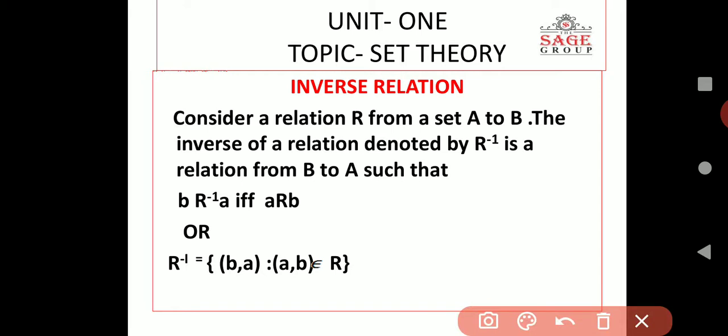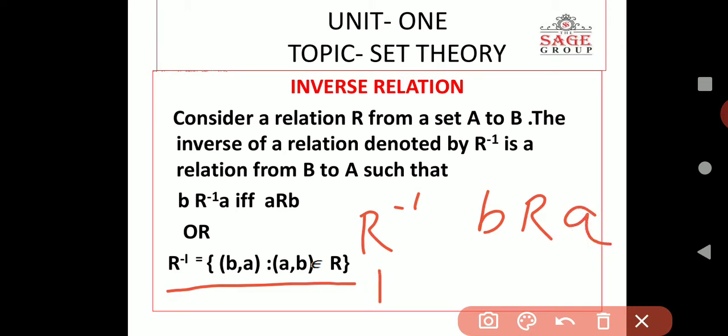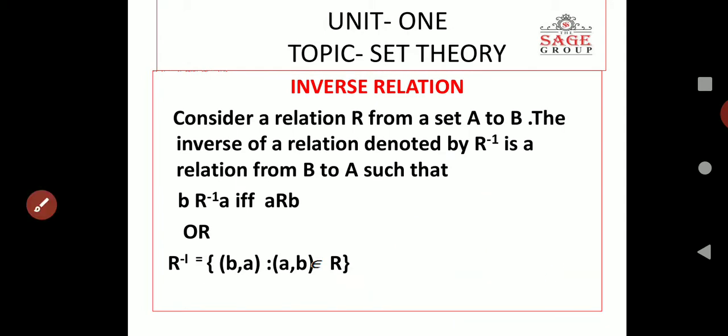Mathematically we write R inverse is equal to {(b, a) such that (a, b) belongs to R}. R inverse means B is related to A, and R means A is related to B. So this is inverse relation.